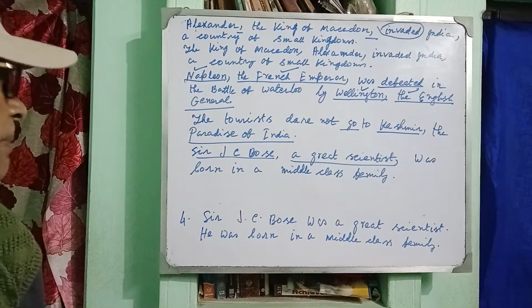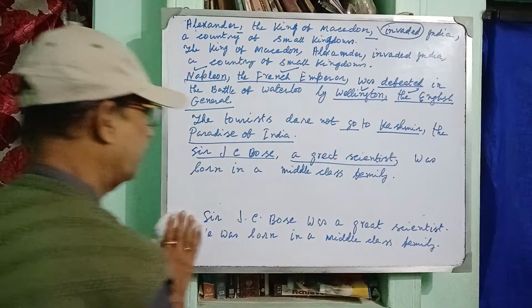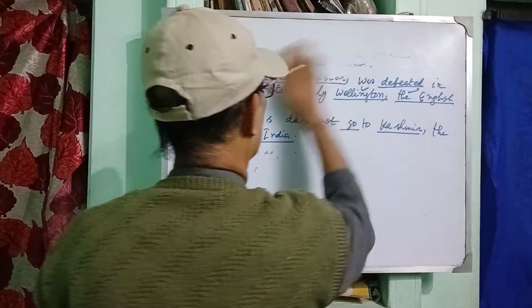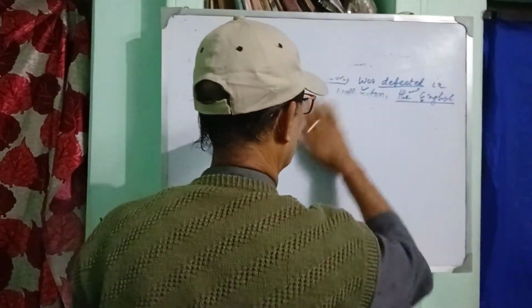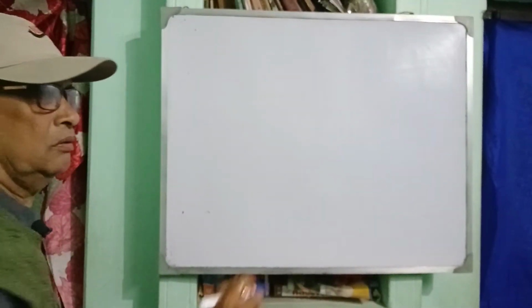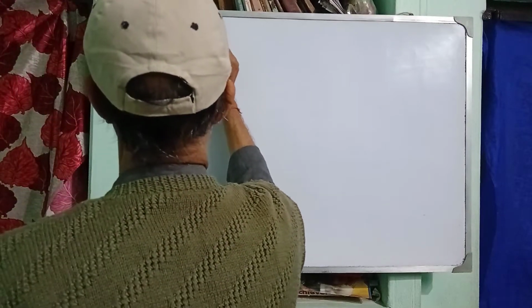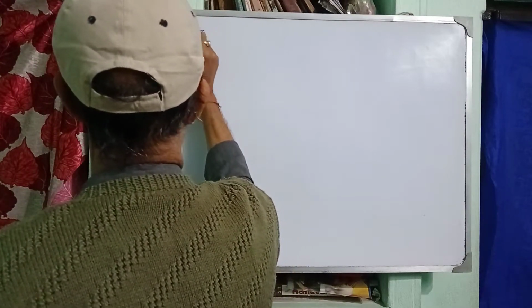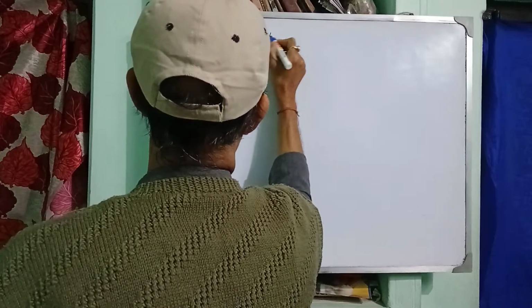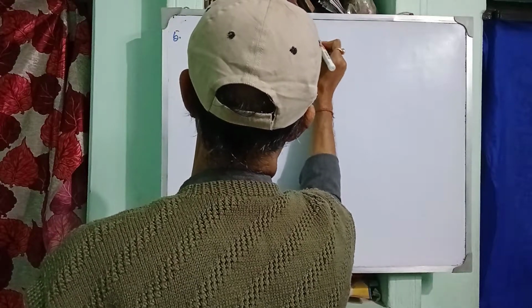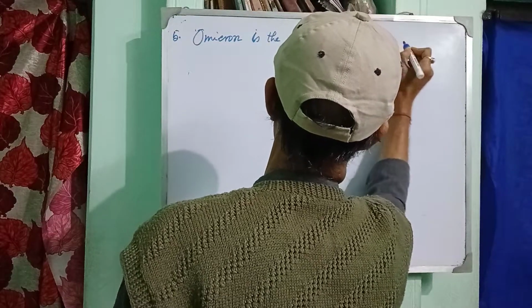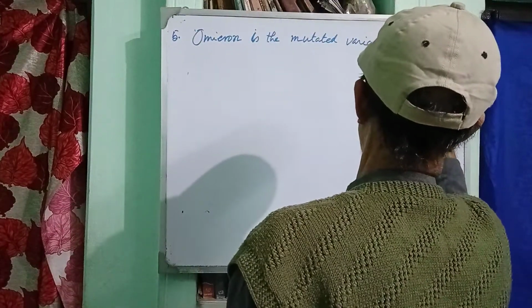Okay. Now let me give another example. Number 5. Omicron is the mutated variant of Delta.